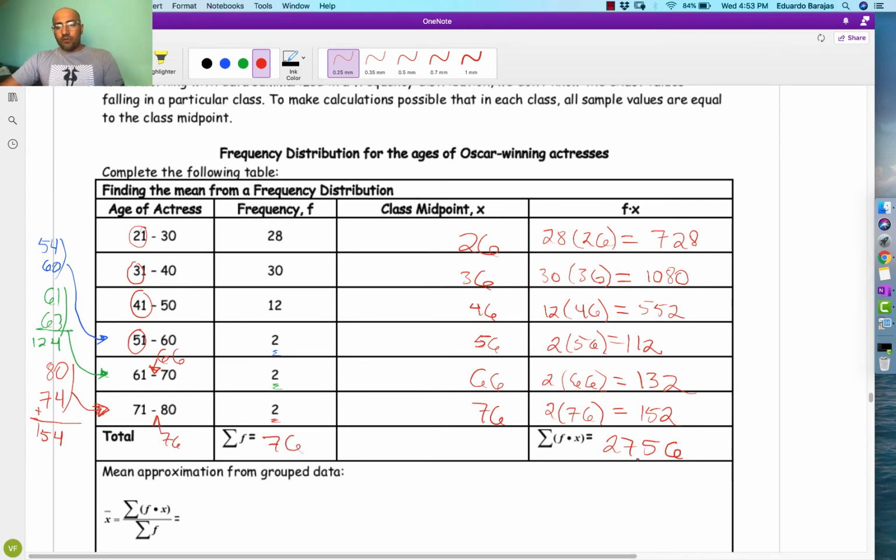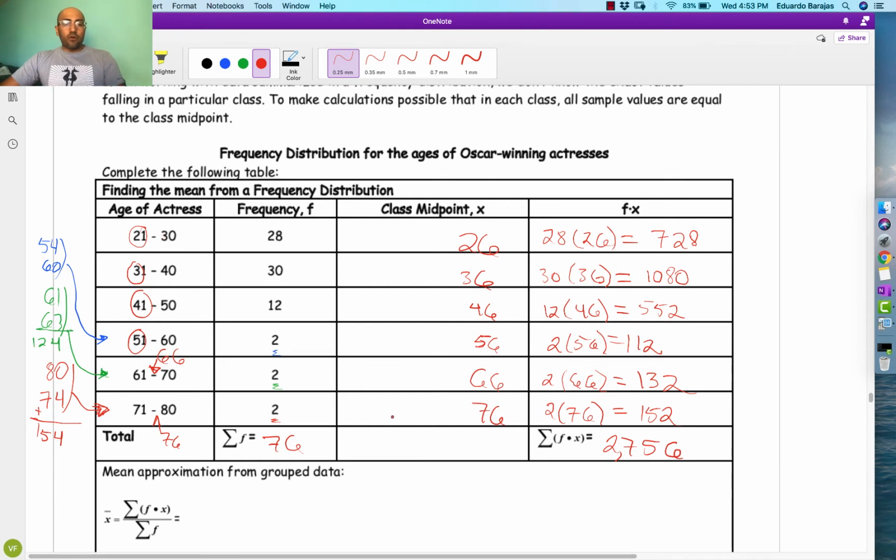Okay, so this 2,756 is my best guess for the ages of all 76 women added together, right? The 728 was my best guess for the sum of the ages of these 28 women, where I'm using the middle of the class as my best guess for them because I don't know the real ages.